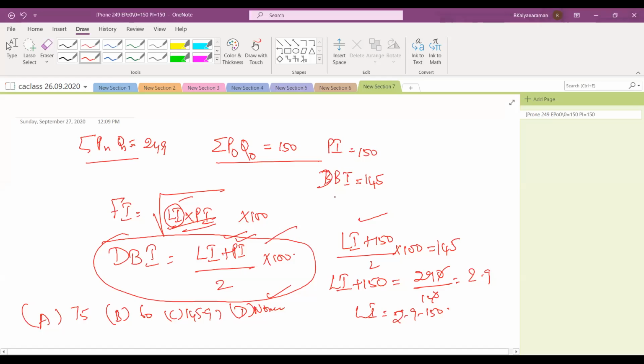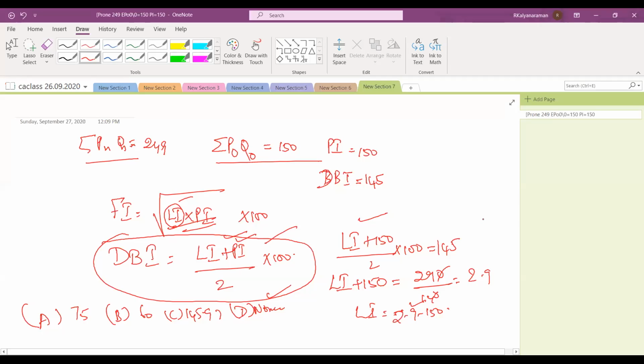Answer is 145.97. How? But we get Li as a negative number. What is your Laspeyres' index number? How did you calculate?